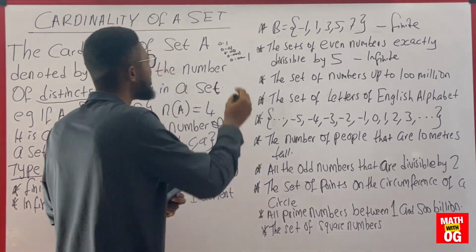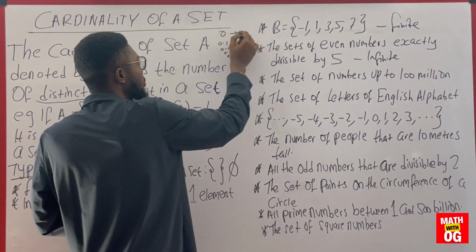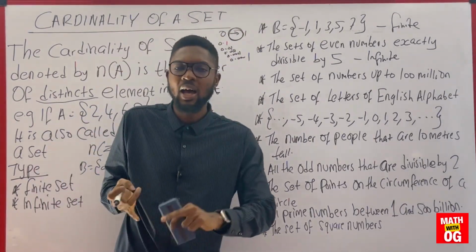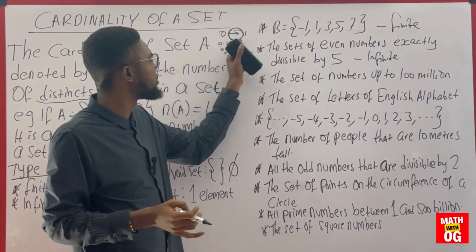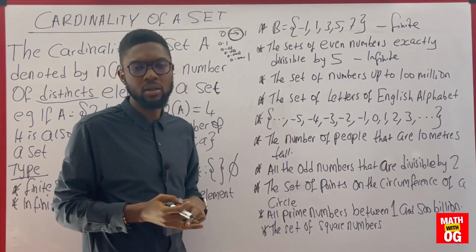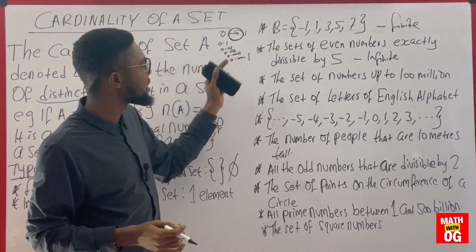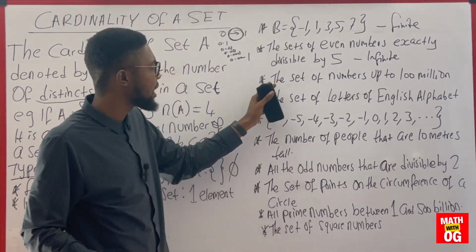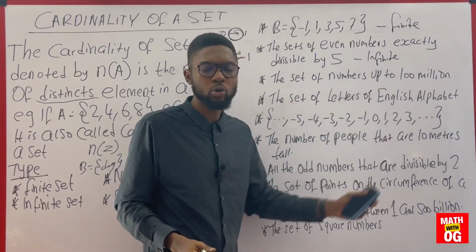But if you ask for the set of numbers between 0 and 1, it is infinite. That means we are starting with 0 and ending in 1, and we have a whole lot of numbers here that we cannot count. Both rational and irrational numbers exist between 0 and 1. So if from 0 to 1 we have an infinite amount of numbers, now let's talk about from 0 to 100 million.